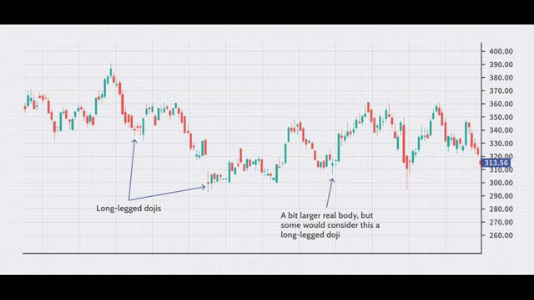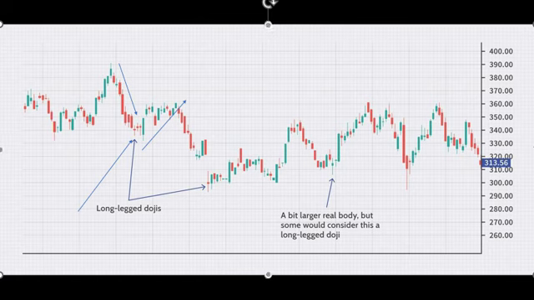So this is the next chart we have here. Here's an example of a Legged Doji, and here we have a Legged Doji right over here. This doji also means the exhaustion of a trend. The downtrend is exhausted and it's time to go up. It's time for the trend to go up after forming this doji.